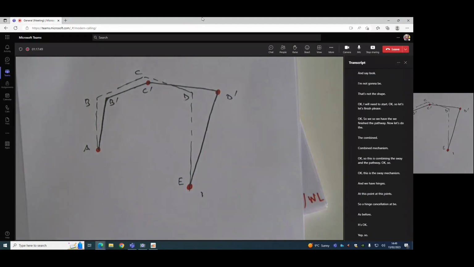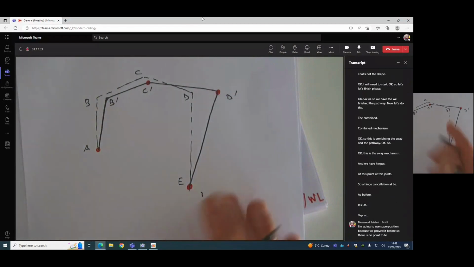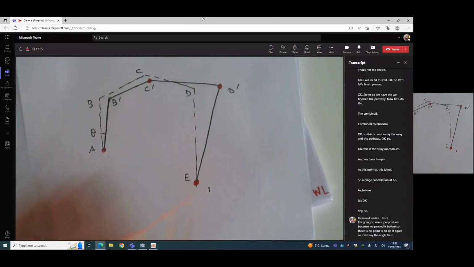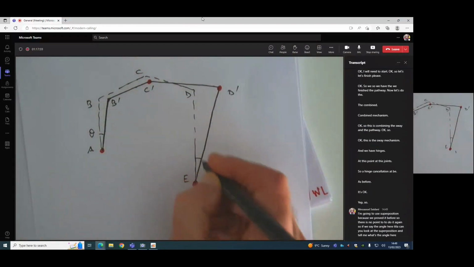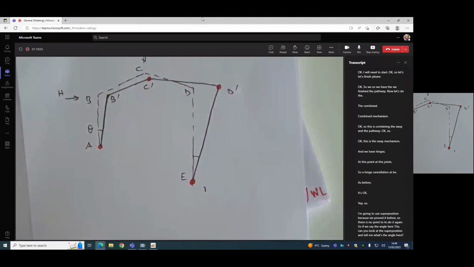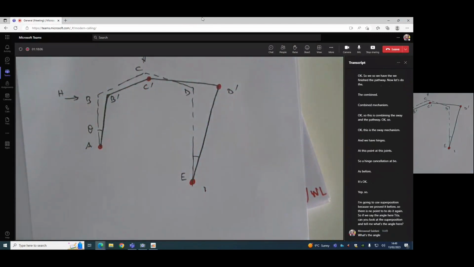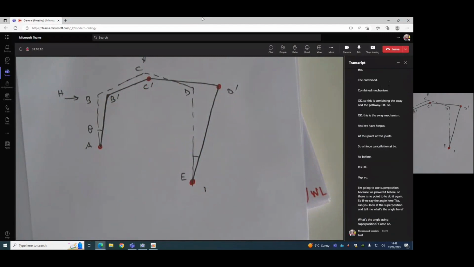So I'm going to use superposition because we proved it before, so there is no point to do it again. So if we say the angle here is theta, can you look at the superposition and tell me what's the angle here? What's the angle using superposition? Come on. Just look at the two.